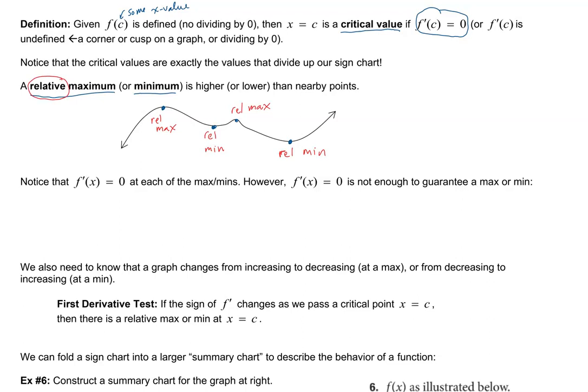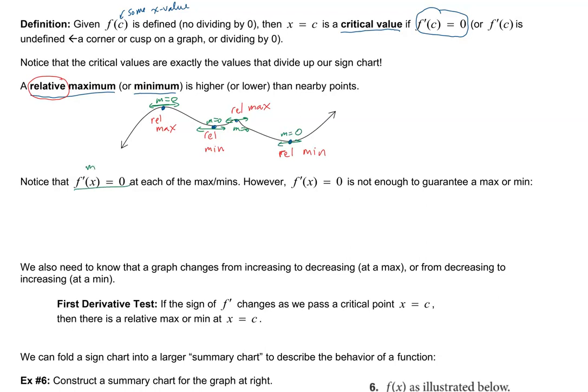So notice that the derivative is 0 at each of the maxes and mins. So if we put a little tangent line on each of these points, the slope is indeed 0. And that's the derivative. I'm using m, but that is the same as f prime of x.